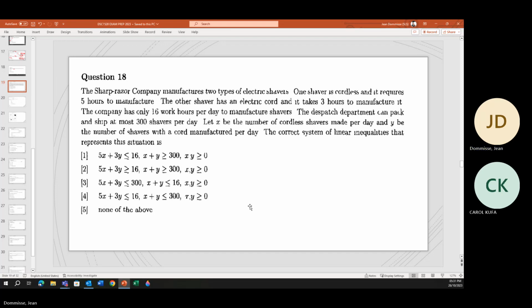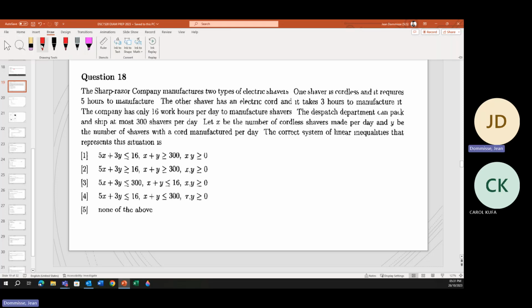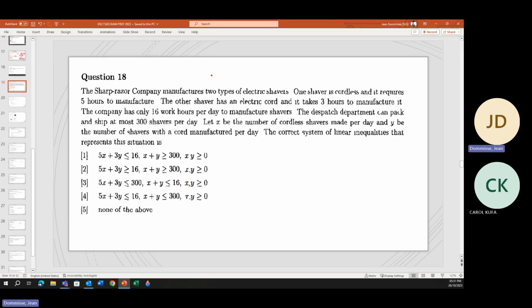So let us jump into this. This one is basically looking at linear programming, with lots of information that they give us, and we will need to process that into the linear graphs.